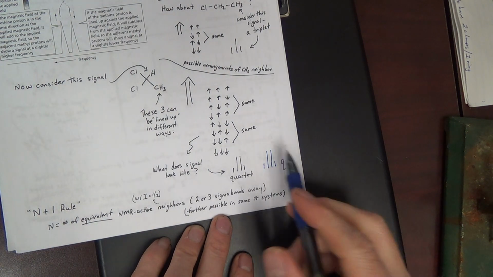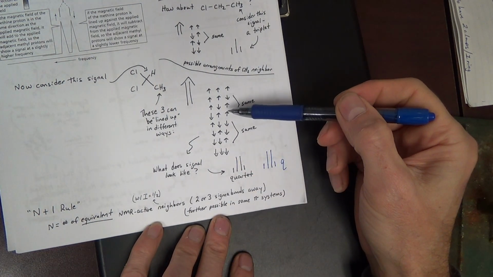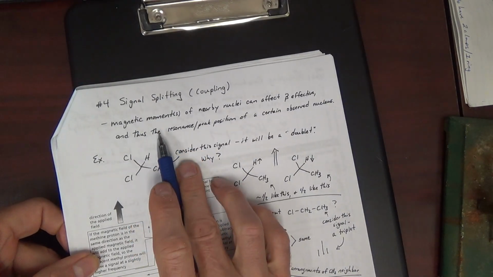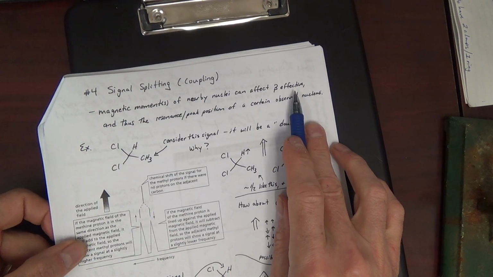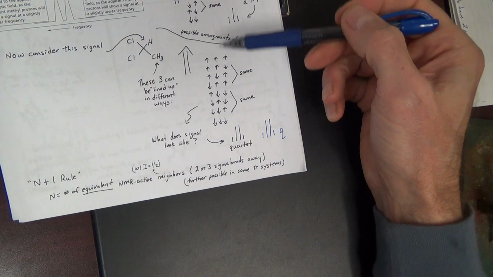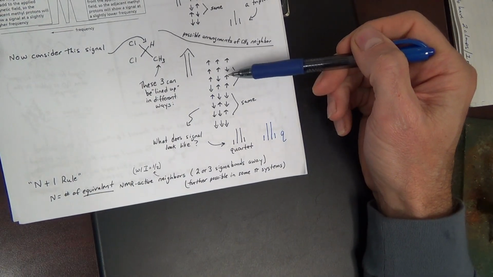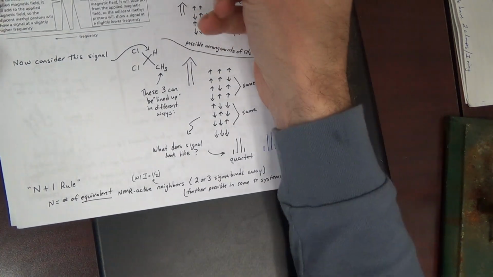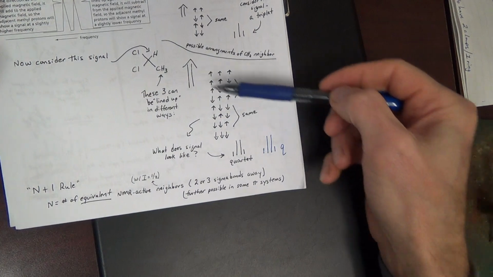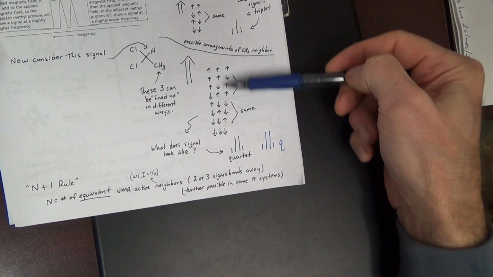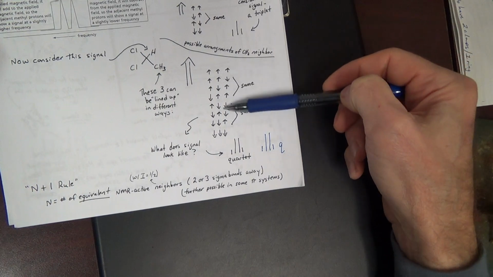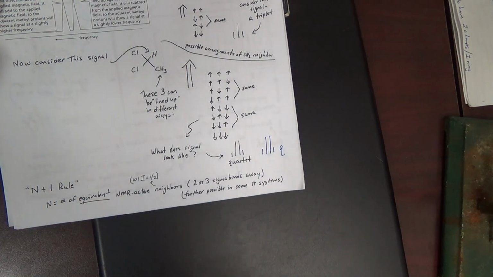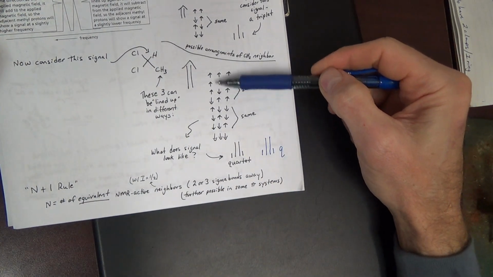Okay. Ultimately, this all comes from mathematical possibilities for the neighbors. The neighbors have their own magnetic moments. These magnetic moments affect the B effective. But there's different net magnetic moments that are possible. Now, in this, I went from 1 neighbor, 2 neighbors, 3 neighbors. The more neighbors you get, the more possibilities you have for different net magnetic moment coming from the neighbors.